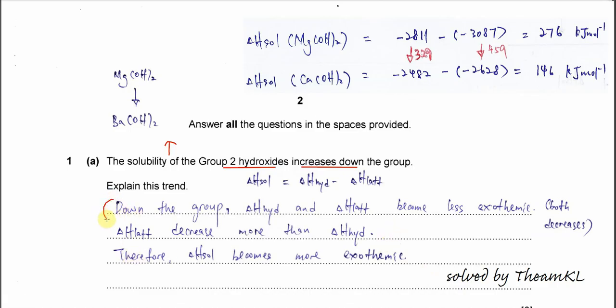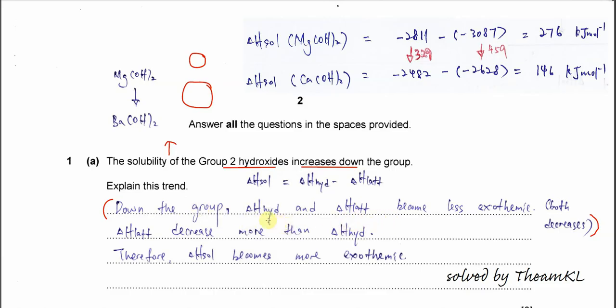Down the group, the hydration enthalpy and lattice energy both become less exothermic, or we say both decrease. It's because the cation size becomes larger down the group, so the attraction between the species becomes weaker and releases less energy. Therefore, the first point you need to mention is that both hydration enthalpy and lattice energy become less exothermic.